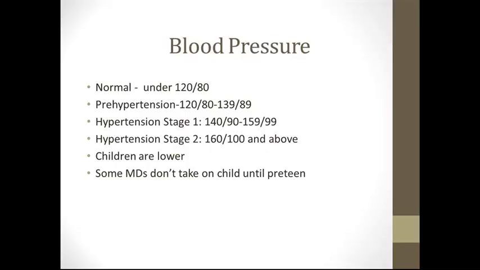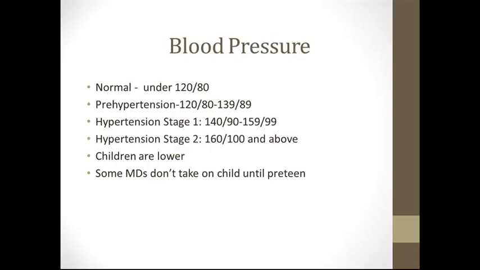Children 4 to 6 years old are 78 to 112 systolic and 50 to 79 diastolic. 7 to 11 years old children are 85 to 114 systolic and 52 to 79 diastolic.